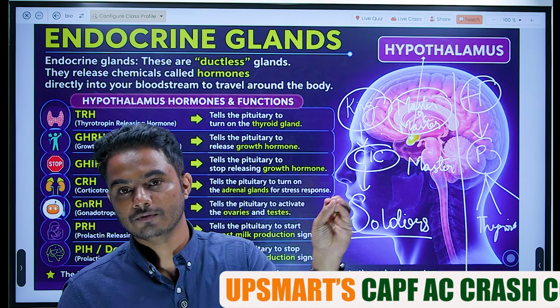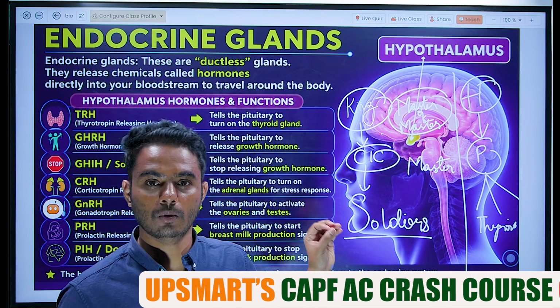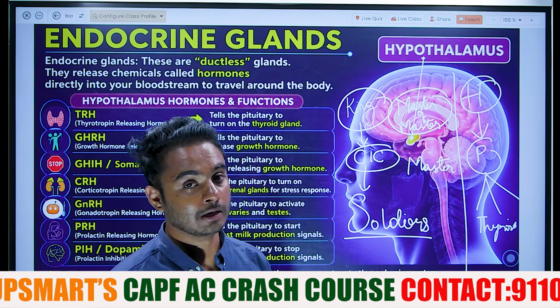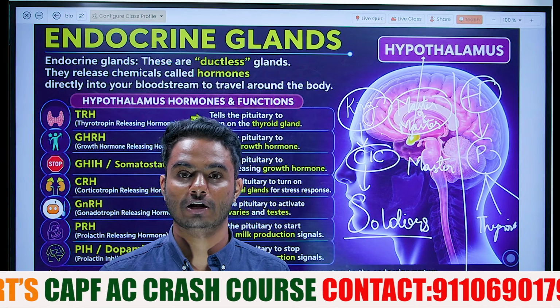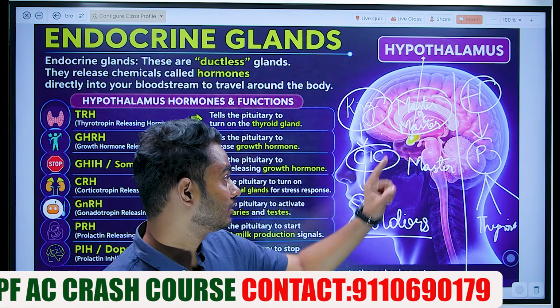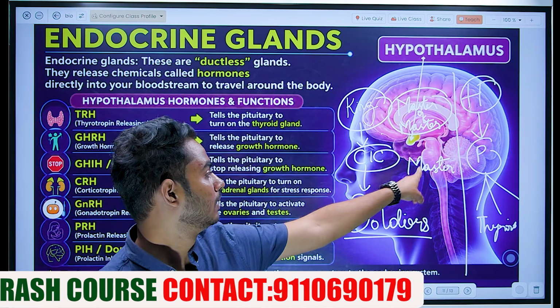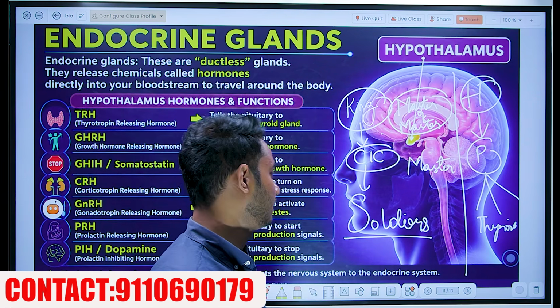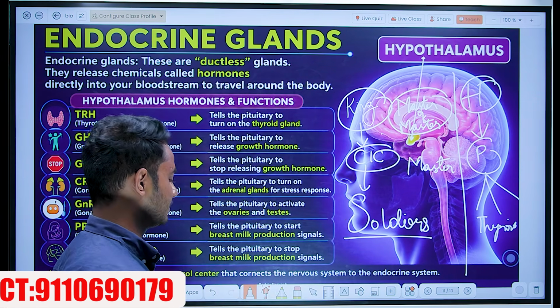It will tell various glands what hormone to release at what time. That is told by the pituitary. But the pituitary itself is controlled by the hypothalamus. So the hypothalamus is the master of master. Pituitary is the master gland. These are serving glands. Okay. Master of master, and master is important.